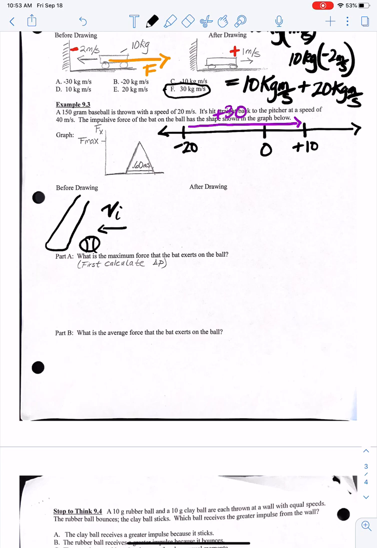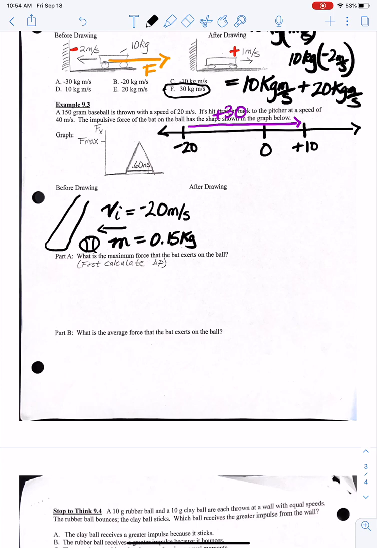And this is going to be all about the ball and not the bat. And that's important to understand, right? Because we like to do impulse calculations for one object, even though we can pick what that object is. The mass of the ball is equal to 0.15 kilograms. Then the ball undergoes an impulse in the positive direction.